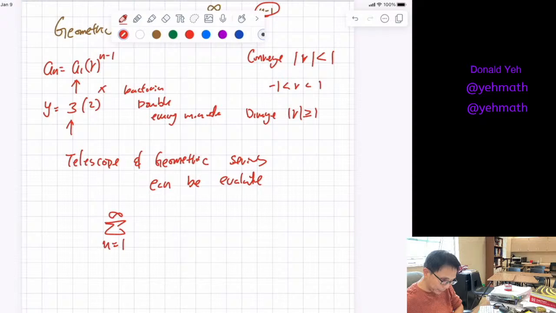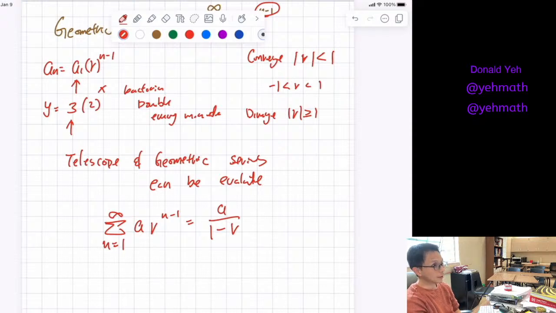It's probably one of the most important formulas in series: the summation of a times r to the n minus 1 is always equal to a over 1 minus r. Always. I'm going to show you a proof.